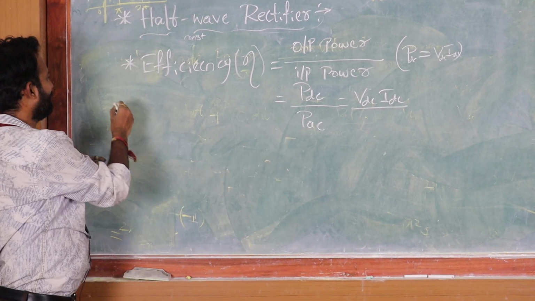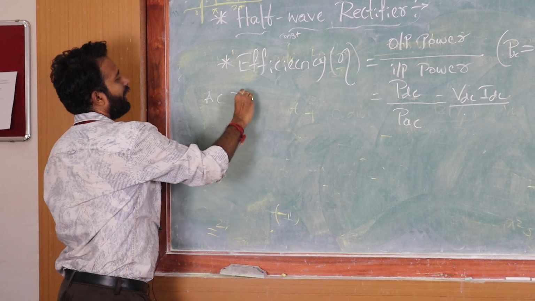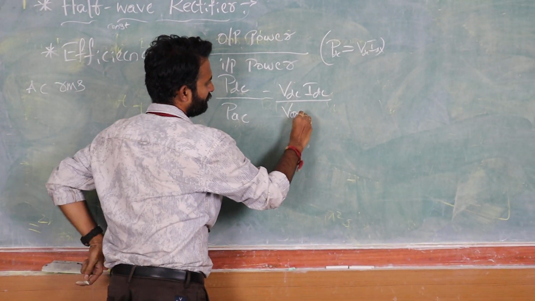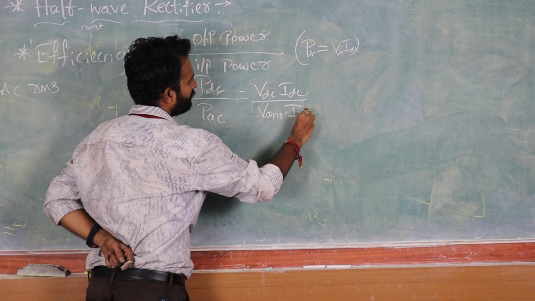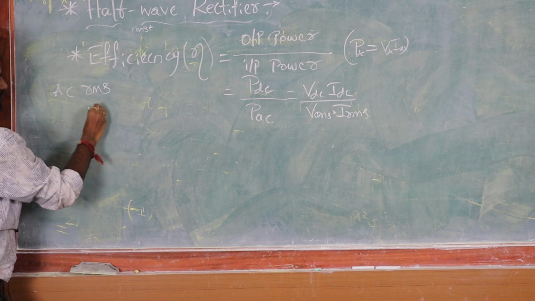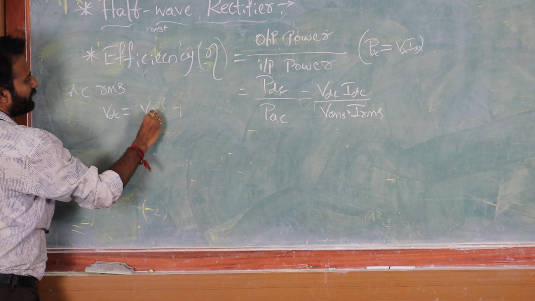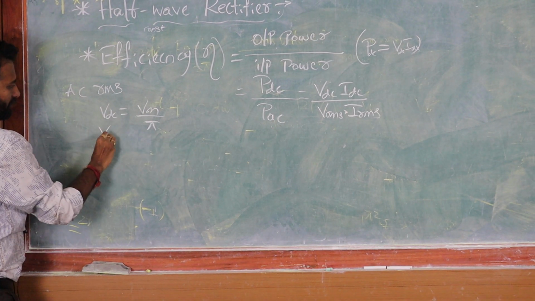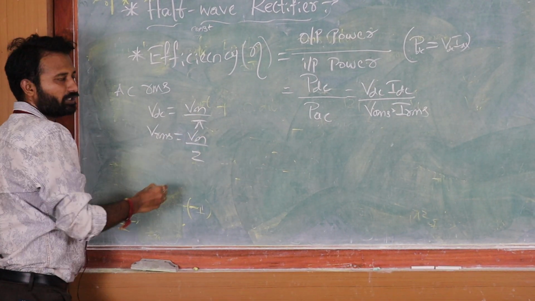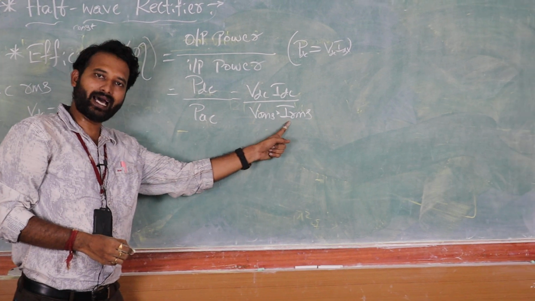Keep in mind the AC voltage is nothing but RMS. So I can write it as VRMS into IRMS. We know the value of VDC, Vm by pi, and VRMS, that is Vm by 2. We don't know IDC and IRMS.